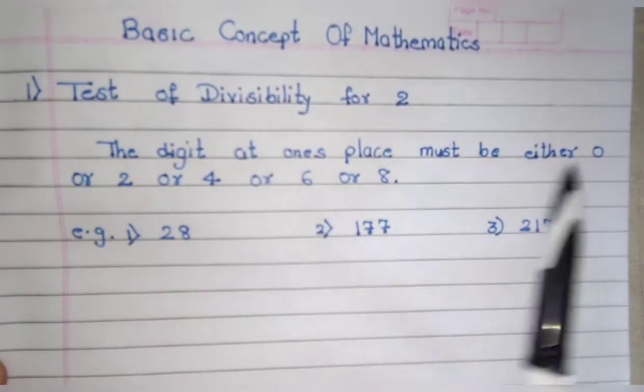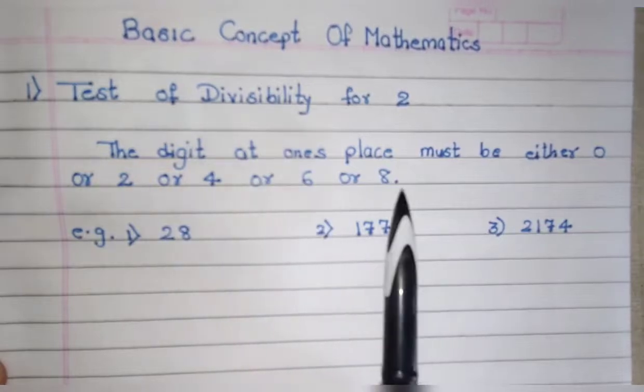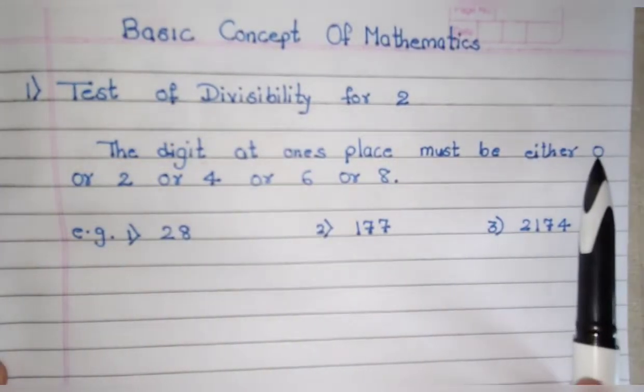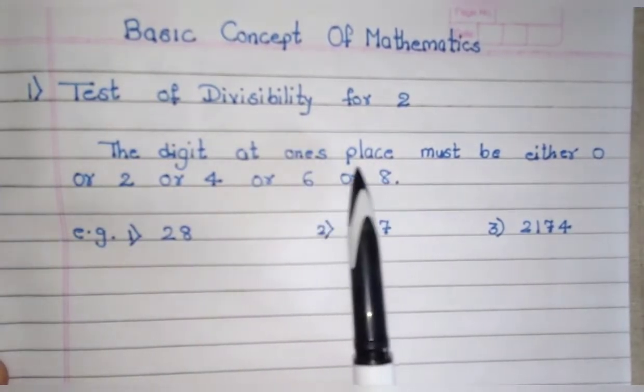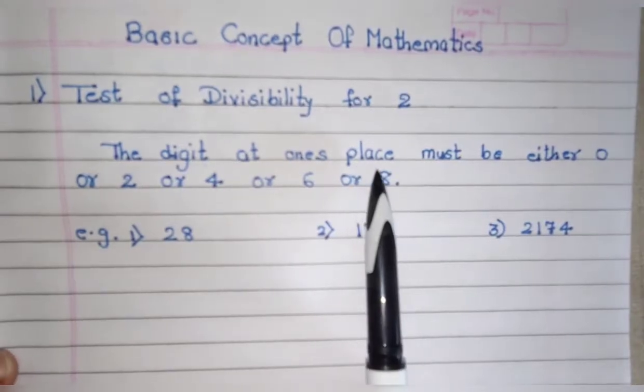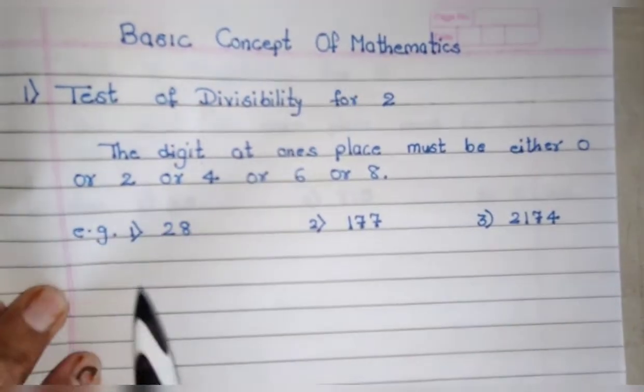There must be any one number from these 5 digits at one's place. Now let us see this with one example.